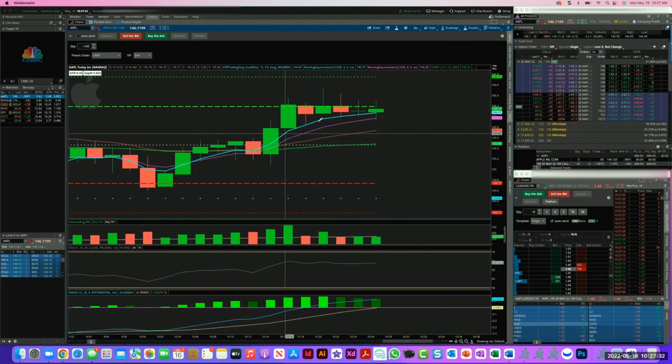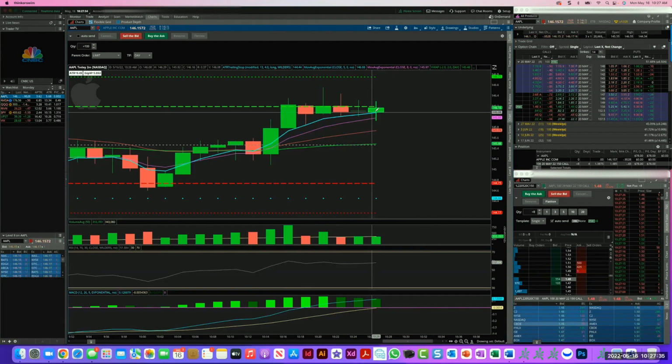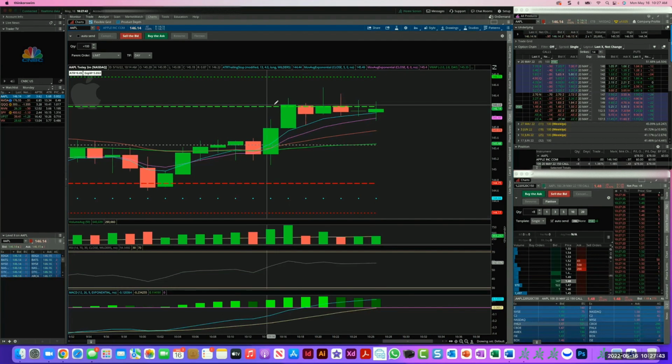So the 5-day EMA is holding as support. The resistance appears to be here at the opening range high. And again, this high was established after the first 15 minutes using a script.